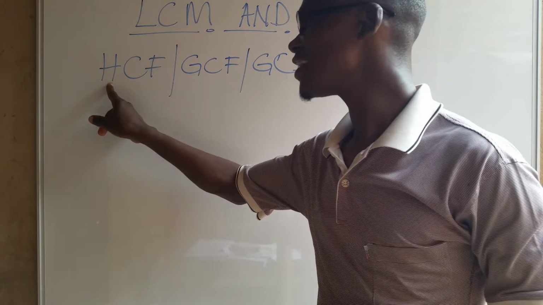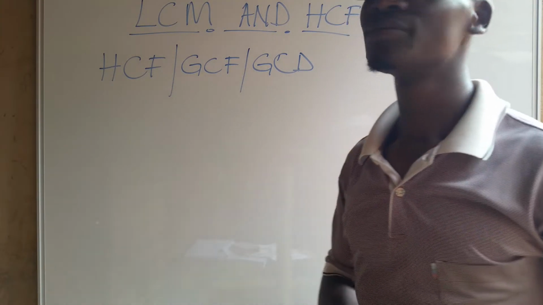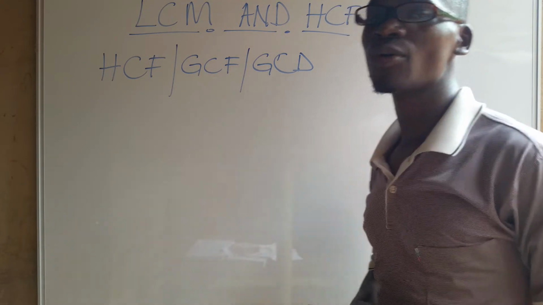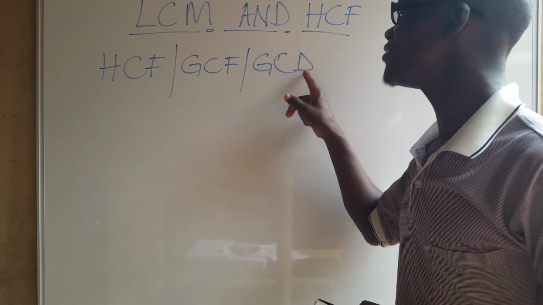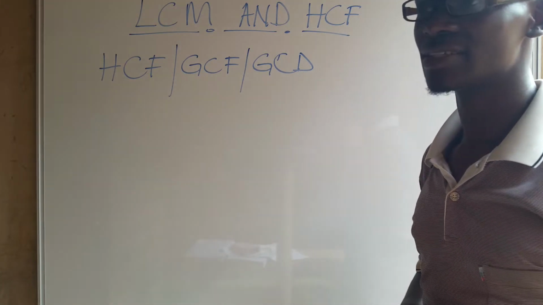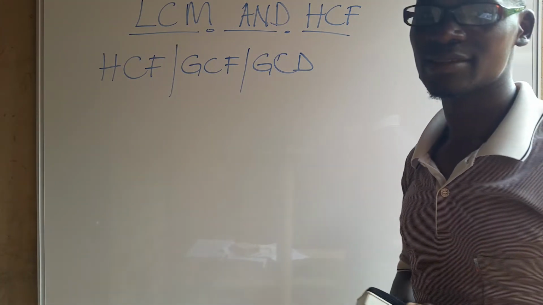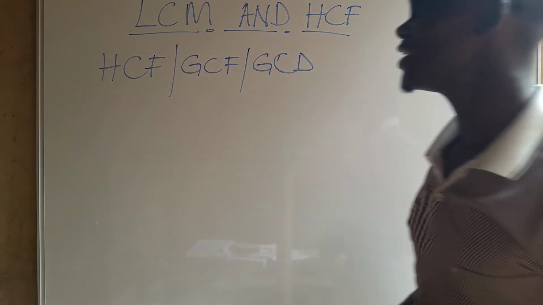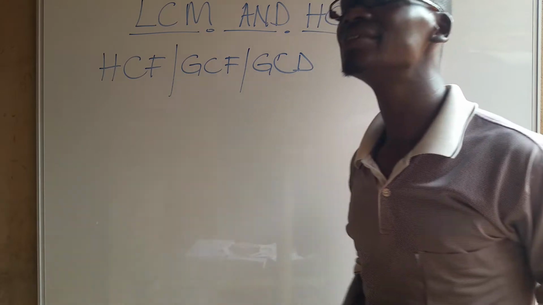HCF means highest common factor or greatest common factor or greatest common divisor, because we know that factors are divisors of a particular number. So how do we get the highest common factor?